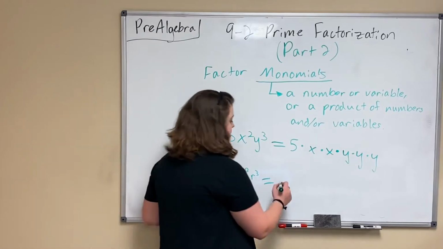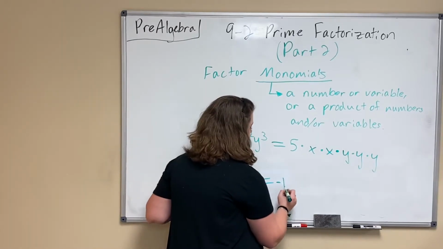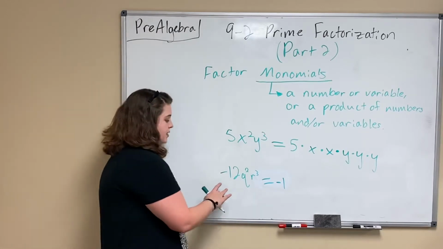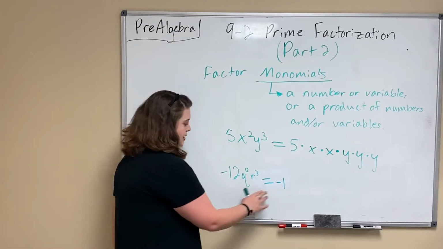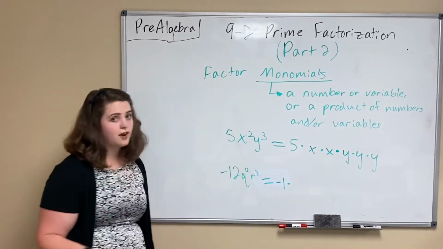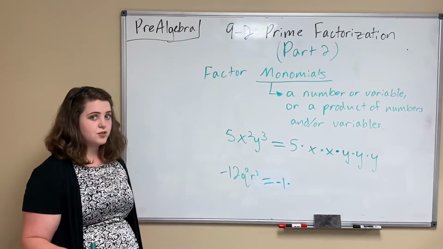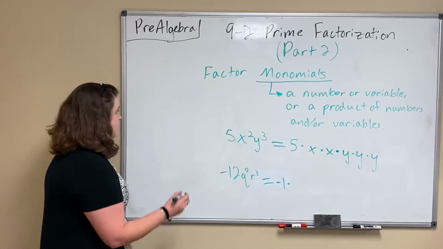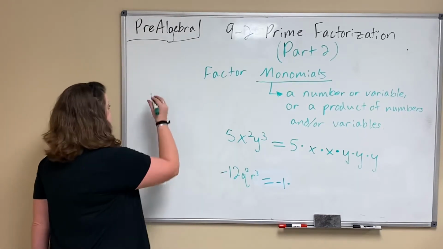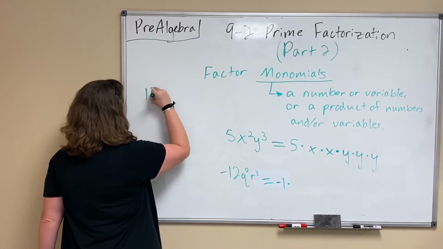So we're going to start by multiplying everything by -1. So when we break 12 down, we start with -1. Now we need to figure out the prime factors of 12. You can either do that in your head if you feel like you can, or we can make a factor tree like we did yesterday.